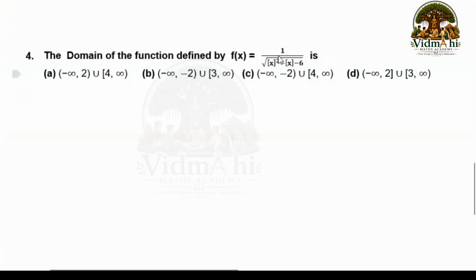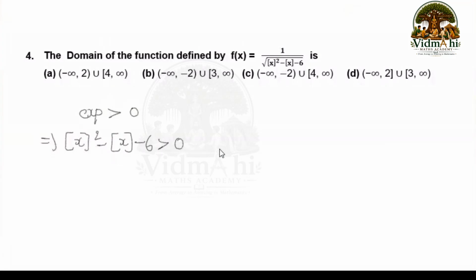So, f of x is 1 by root of expression. If it is of the form 1 by root of expression, expression should be greater than 0. That means greatest integer of x whole square minus greatest integer of x minus 6 is greater than 0.